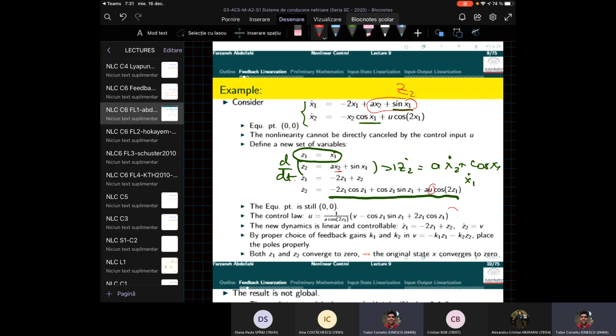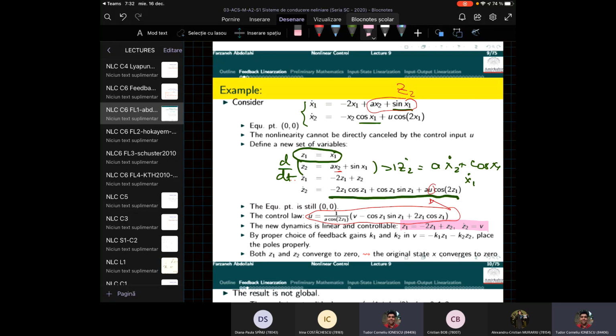So if you substitute this into this, you cancel all your nonlinear terms. The new dynamics is this one. This is the resulting feedback linearized dynamics. And then, of course, you compute v.